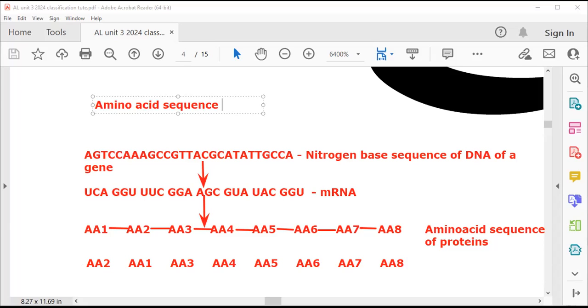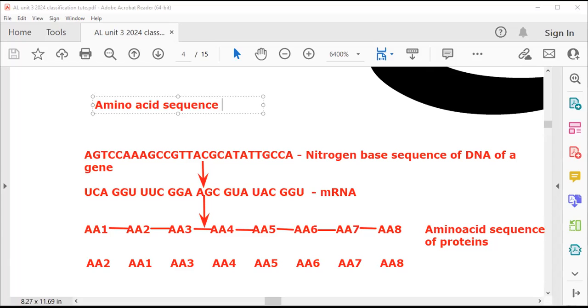So actually, this is not directly relevant to this particular component, but it is telling you one thing. DNA has a particular nitrogen base sequence. According to that sequence only, the nitrogen base sequence of mRNA is determined.